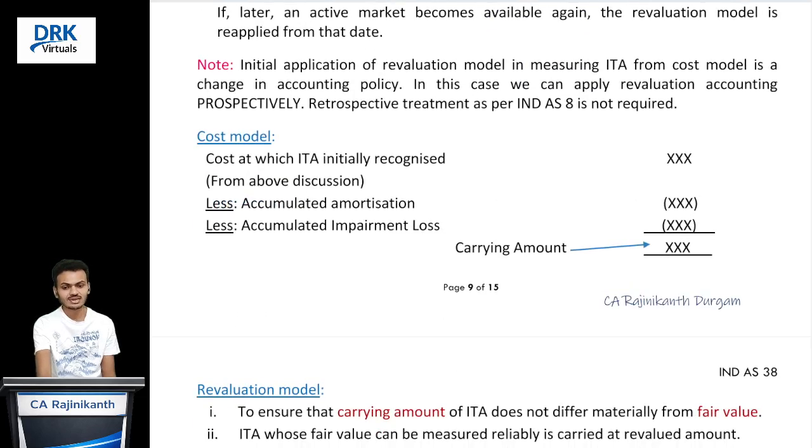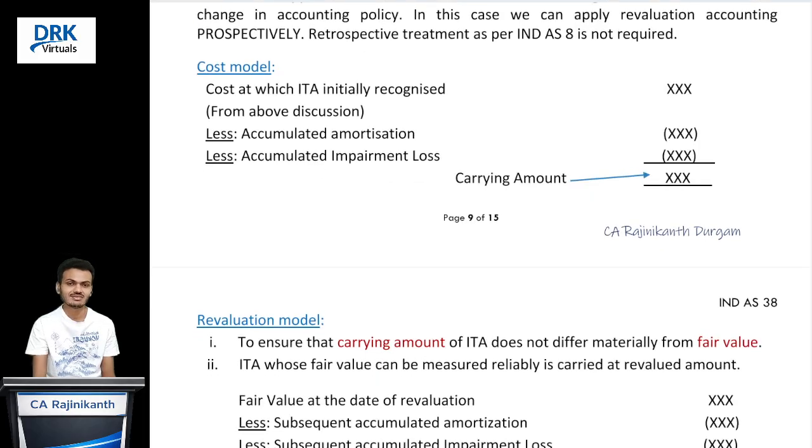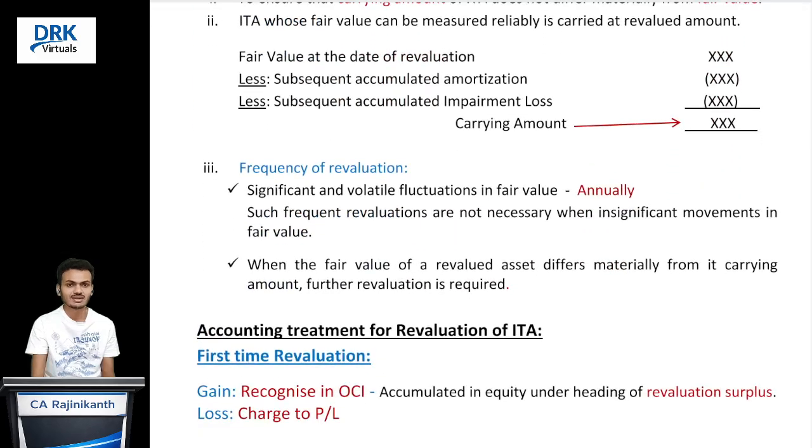So coming to the calculation part, at what amount should we recognize our intangible assets? In the case of the cost model, simply you write the amount that we determined on initial recognition. From that, reduce the accumulated amortization. If there are any indications of impairment, you calculate the impairment loss, you reduce that, and the resultant amount will become your carrying amount. If it is the revaluation model, simply you write the fair value on the date of revaluation.